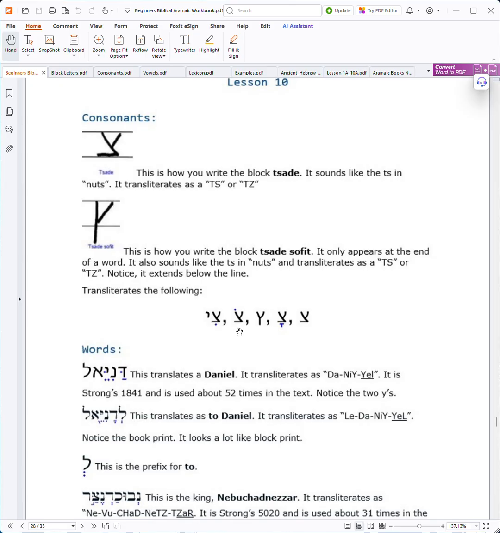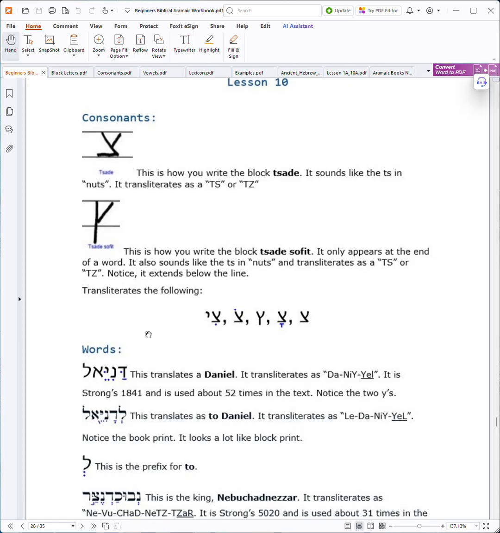And this would be TSO. And this would be TSI. So we got TSA, TSO, TSI.